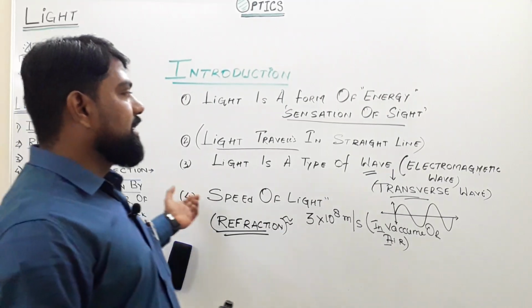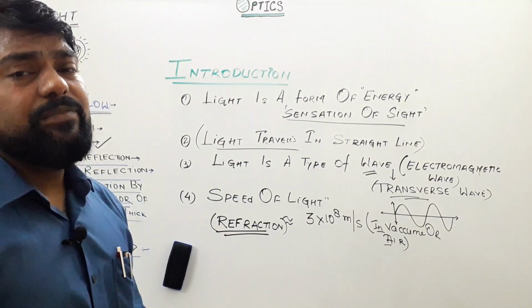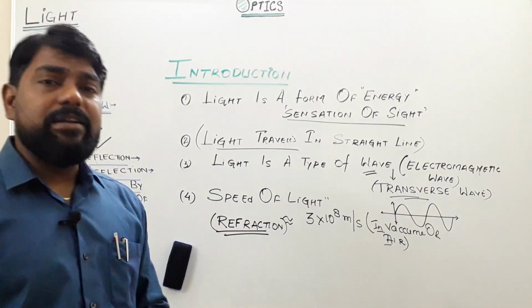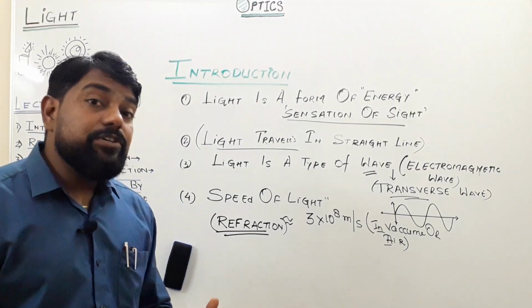And one more thing is there, that light is dual in nature. Dual in nature, that basically means what? We are considering it to be particle nature also, we are considering it to be wave nature also. And why are we doing so?